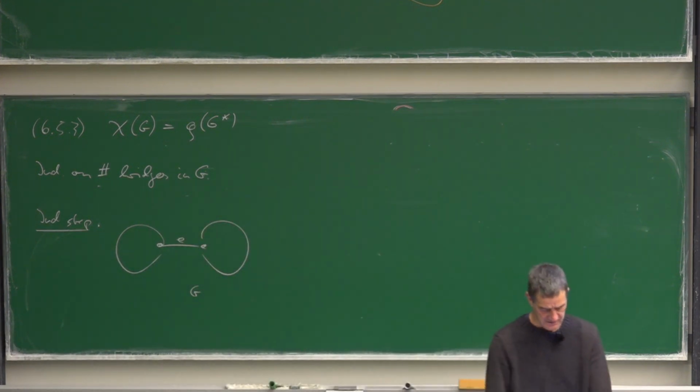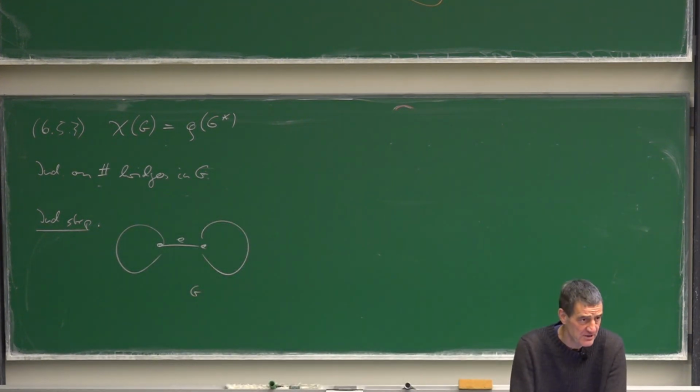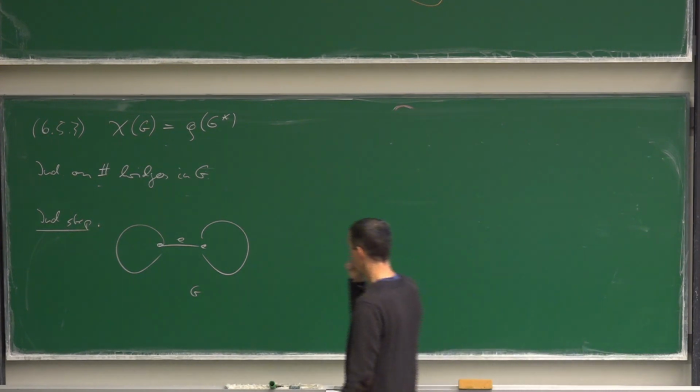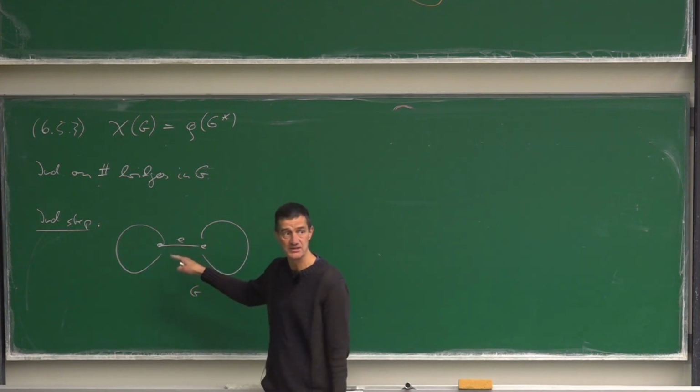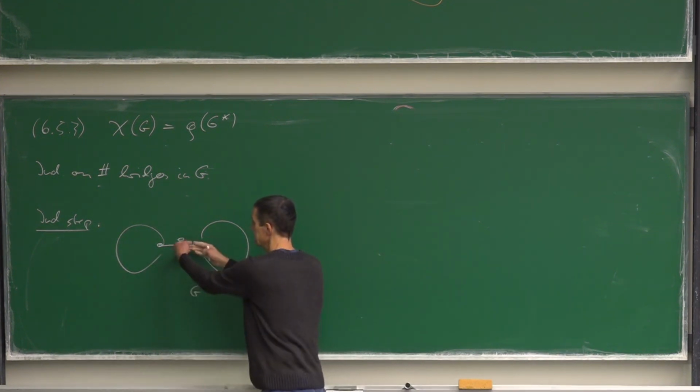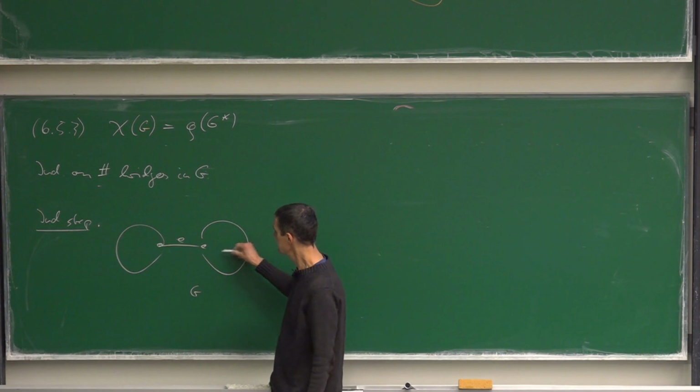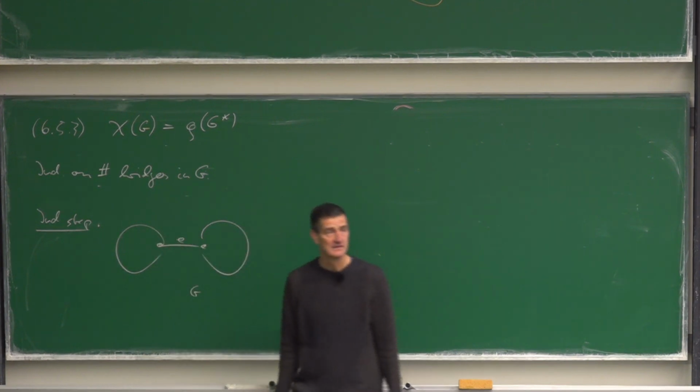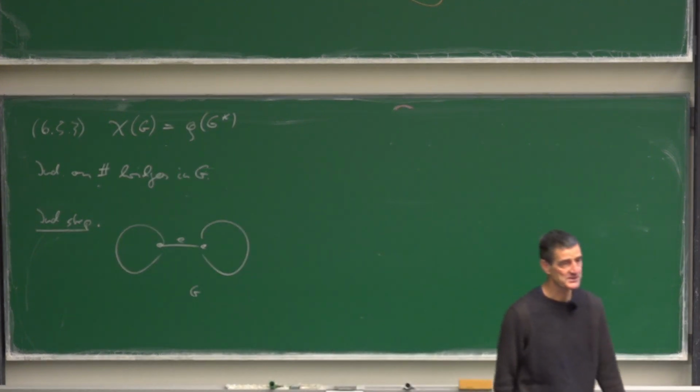Then contracting this bridge doesn't change any cycles. So no cycle can travel along this bridge, and if we contract it, then we get the same cycles that were formerly there, and no new ones, and all the old ones are still there.